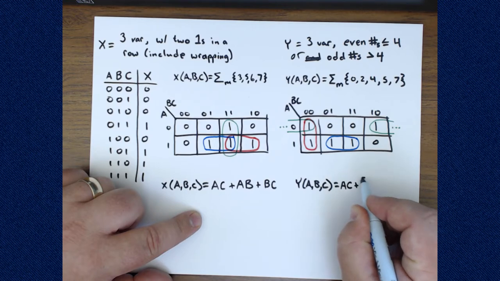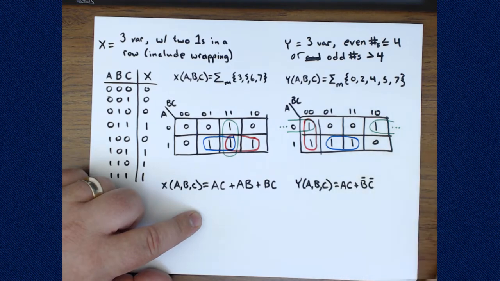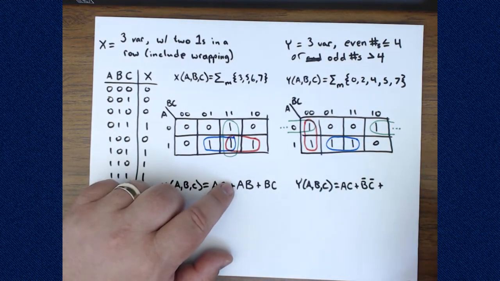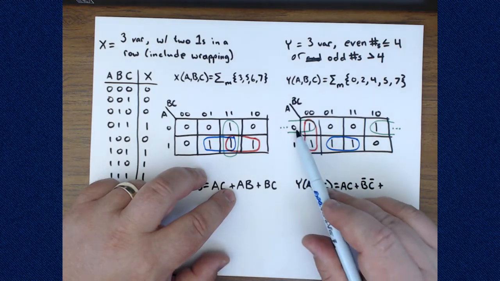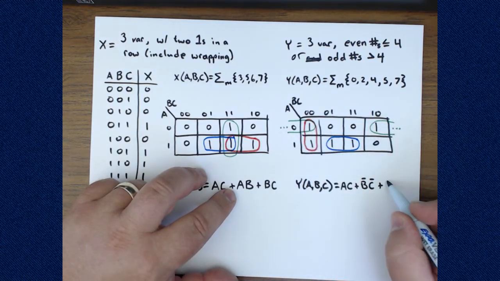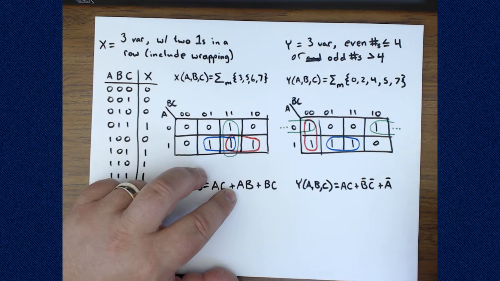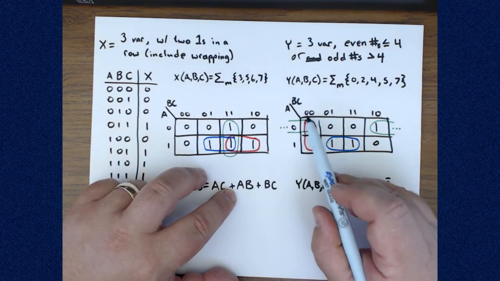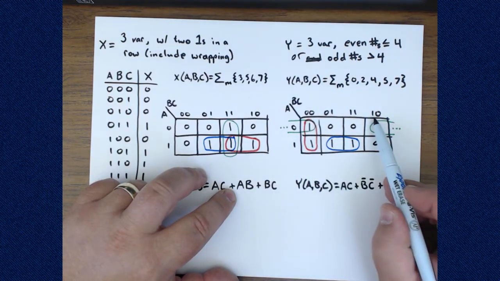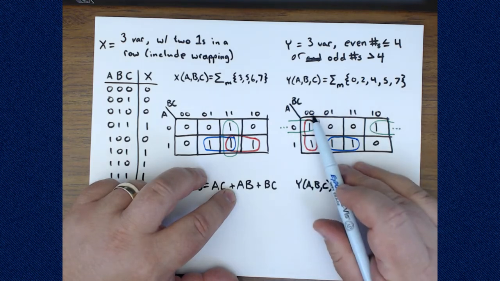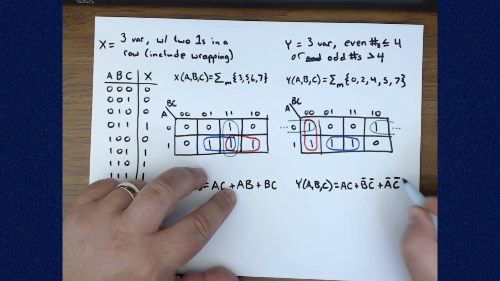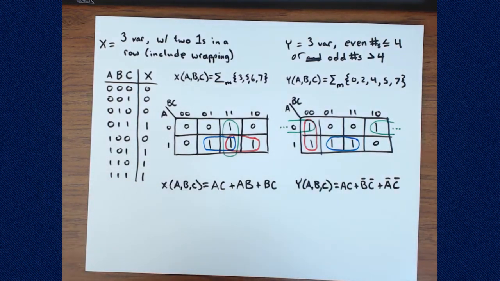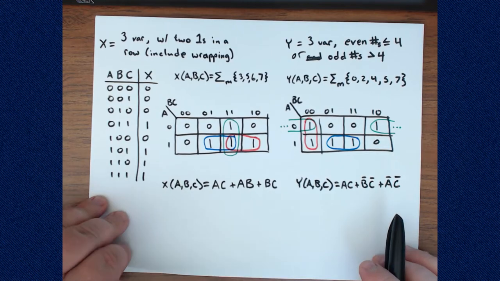So B inverse for 0, C inverse for 0. And then we'll OR that with the green loop. Let's see here. A is a 0 in both cases, so inverse of A. B is a 0 here, and for this one, B is a 1. So B's out. C is a 0 here, and C is a 0 here, so C inverse. And we've got our function figured out.